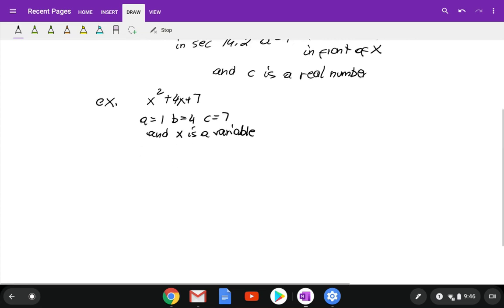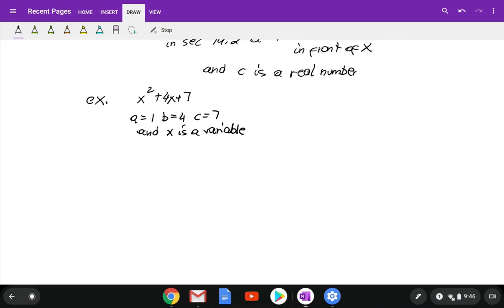Or we have a trinomial which looks like this: x squared minus 2x plus 5.